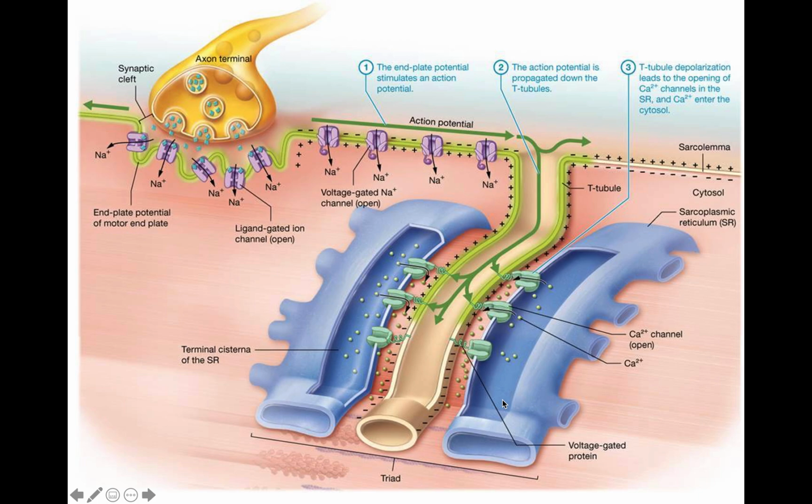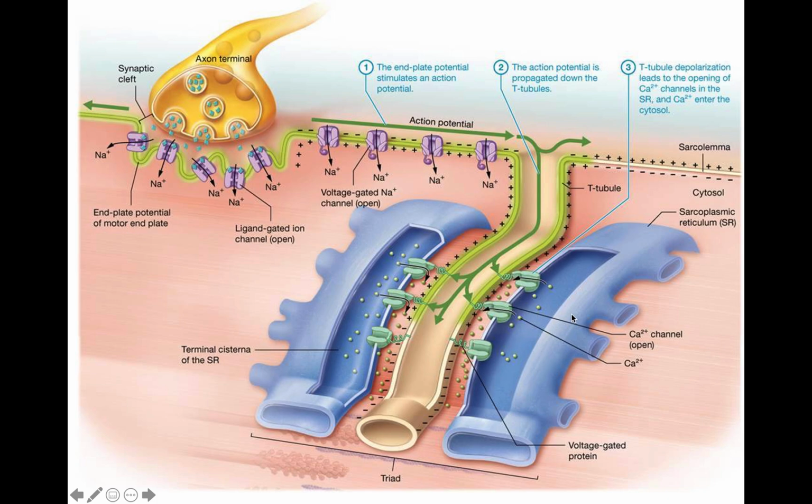It is a special form of smooth endoplasmic reticulum which stores lots and lots of calcium. The action potential that arrives at this T-tubule causes voltage-gated calcium channels in the sarcoplasmic reticulum to open.